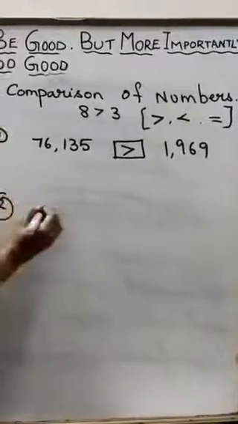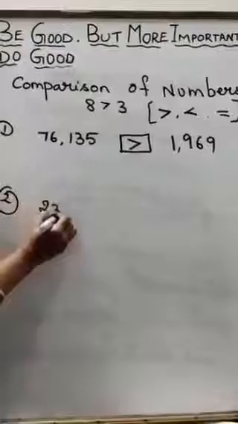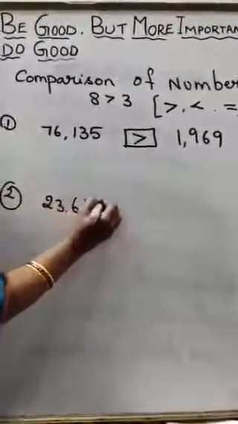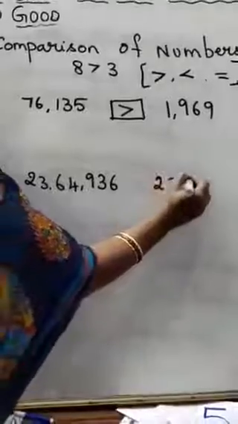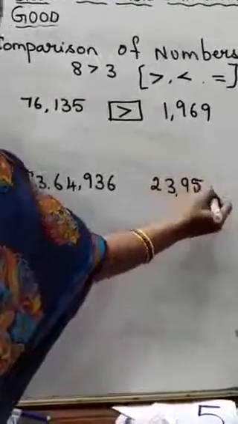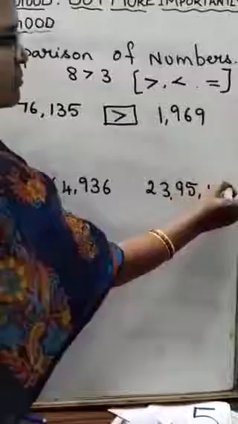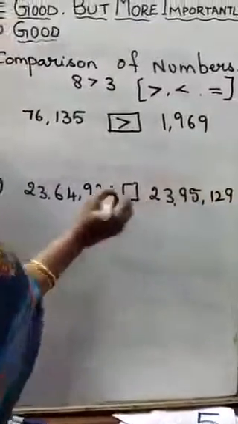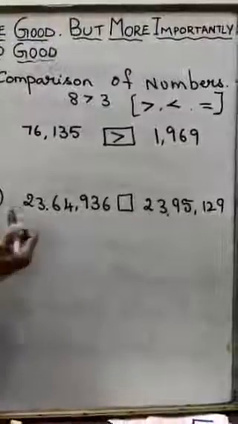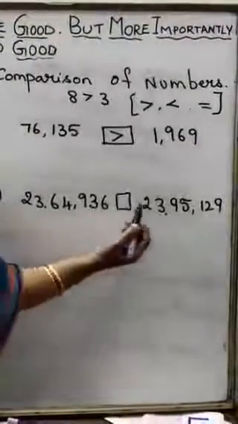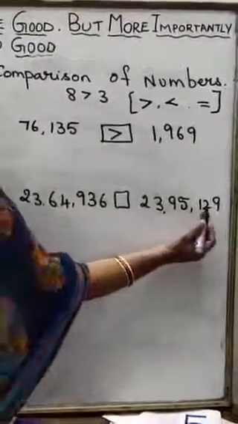Second one. Now let us take two numbers having the same number of digits. Here we have 1, 2, 3, 4, 5, 6, 7. Here also 1, 2, 3, 4, 5, 6, 7.